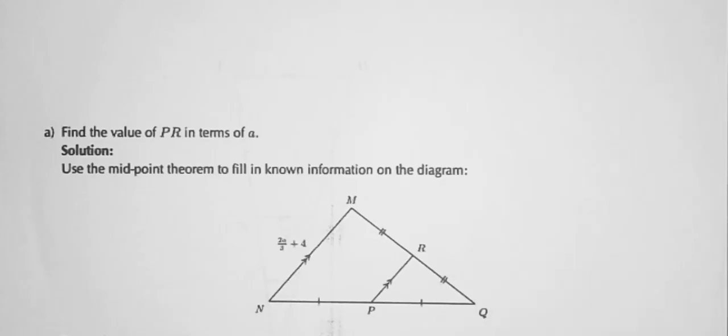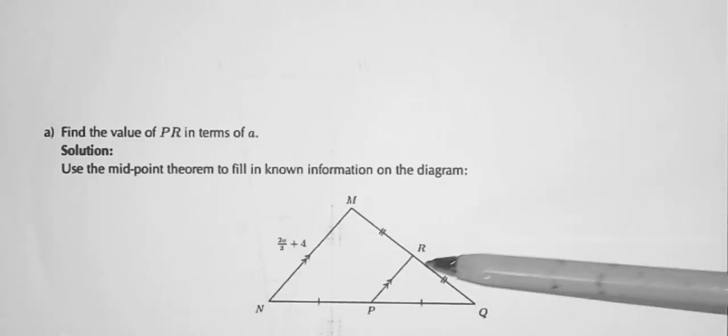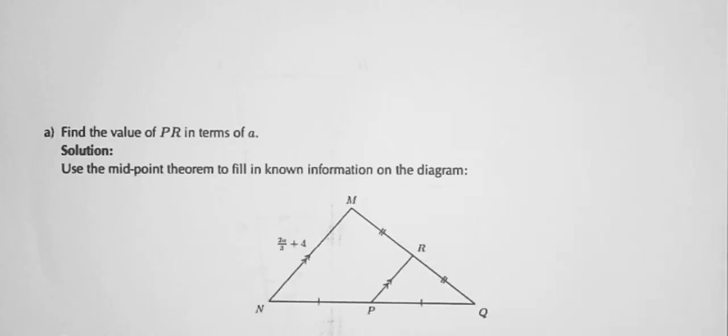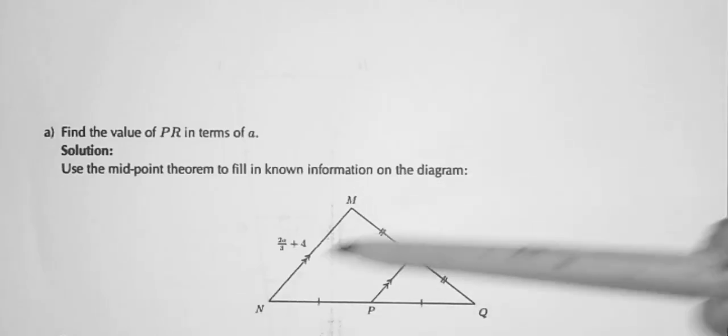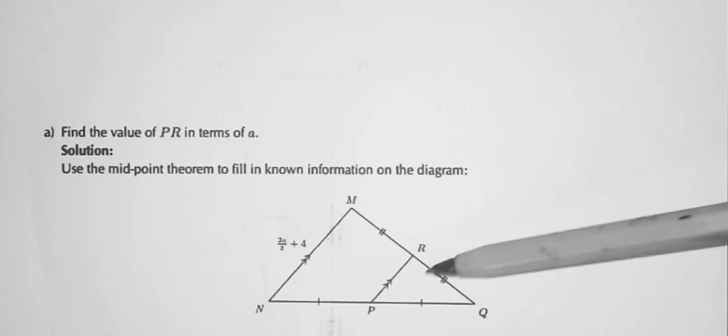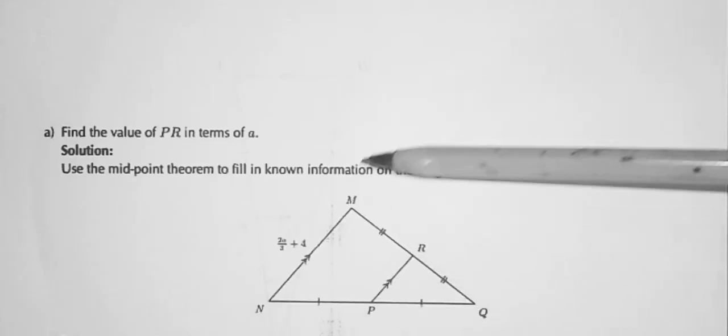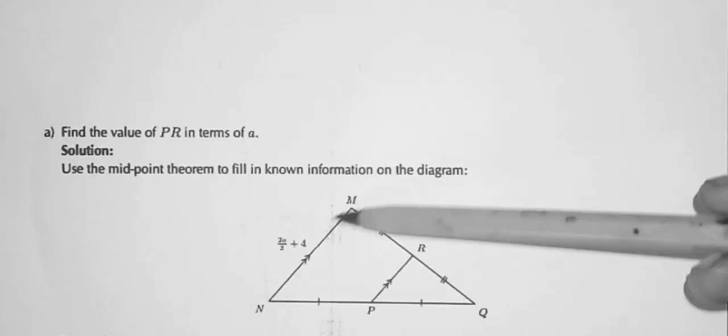Question A says find the value of PR in terms of a. MN is equal to 2 times RP, or RP is equal to half of MN.